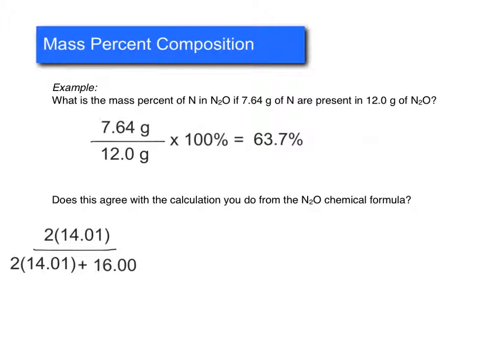When we add those together, we get 28.02 for the top and 44.02 for the bottom. Then to calculate our percentage, we divide those and multiply by 100%. Again, that gives us 63.7%. So you can see that no matter which way you do the problem, you get the same answer. In some problems, we have the experimental data to tell us how many grams there are, and in other problems, we just have the formula and need to figure it out on our own.